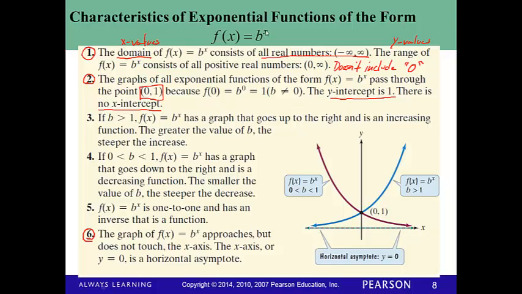So it doesn't matter what you plug in for x, you'll never get a 0 out. You can try that. Pick different examples of exponential functions and see if you can ever get 0 to come out. It won't happen. So it never touches the x-axis. So you have a horizontal asymptote down here because y, which is your f of x, cannot equal 0. Not for your exponential functions.